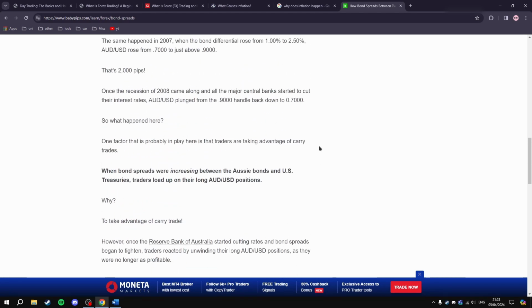When bond spreads were increasing between the AUD, traders loaded up their long AUD/USD positions.